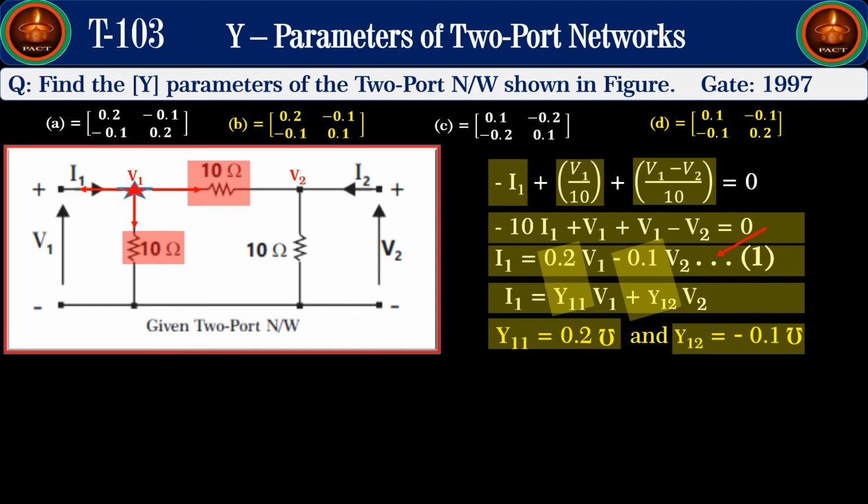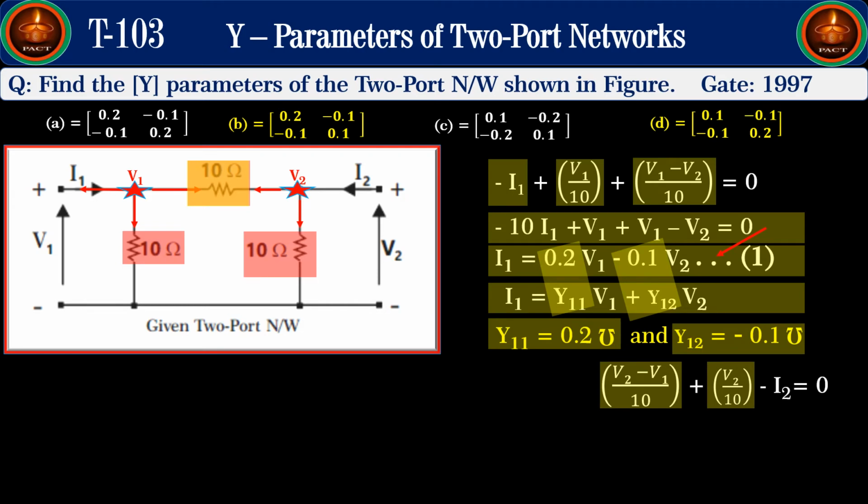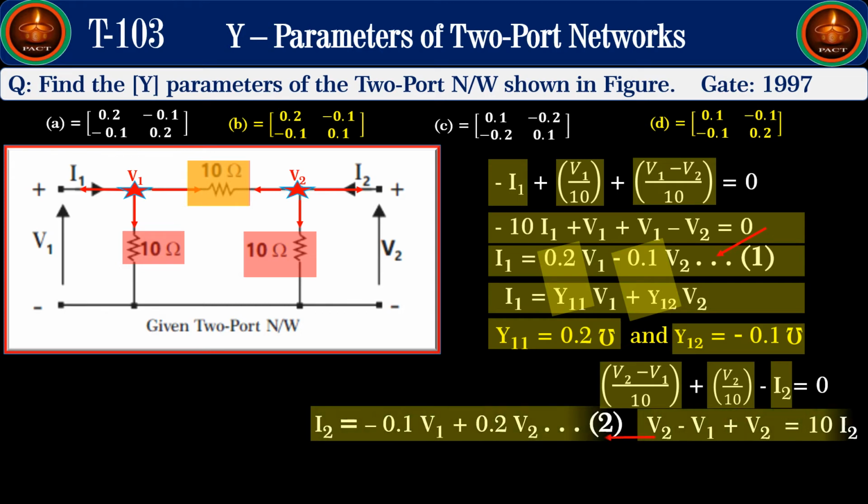Similarly, by writing the Kirchhoff's nodal equation for node V2, we get V2 minus V1 divided by 10 plus V2 divided by 10 minus I2 is equal to 0. By solving this simple equation, we get I2 is equal to minus 0.1 V1 plus 0.2 V2.